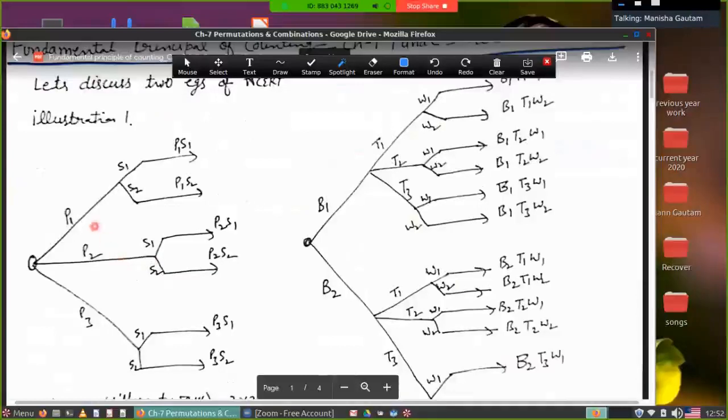Here 3 pants and 2 shirts are given to you. Many times you think about how many ways there are to wear combinations of these 3 pants and 2 shirts.